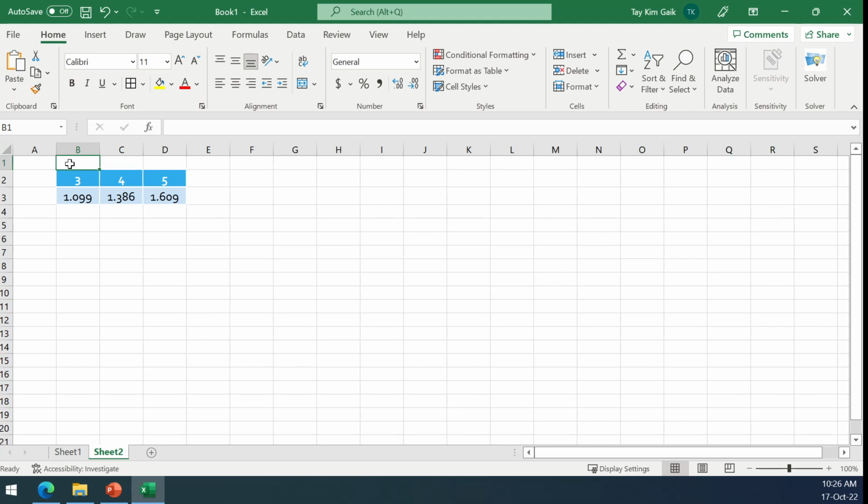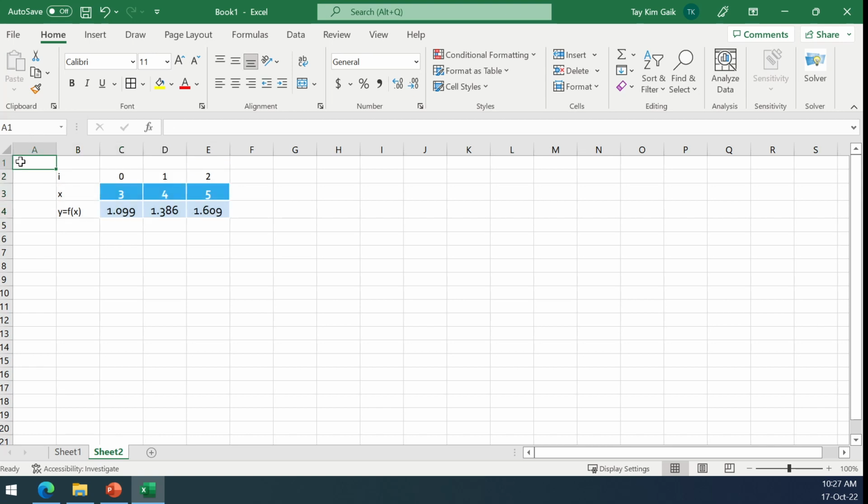Here 3, 4, 5, where i is 0, 1, 2. This is x, this is y, which is actually the function of x, y equal to f(x). For question A, A is analytical, the exact value.